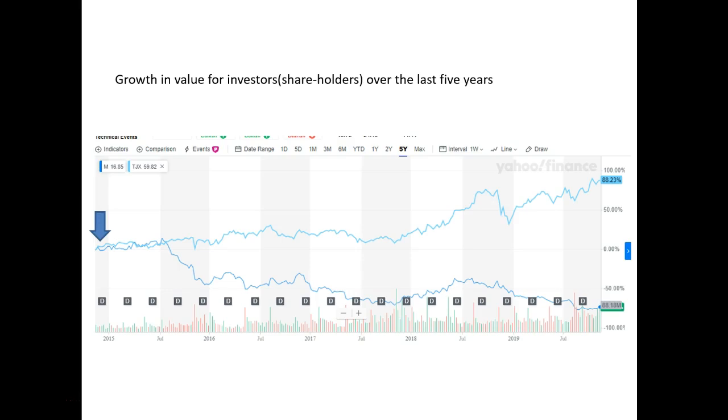Which means that if 5 years ago, where I got the arrow on the left, if I would have invested $100 in Macy's and $100 in TJX today, or last Friday, November 15th, 2019, I would have made 88%, which means my $100 would have been up to $188.